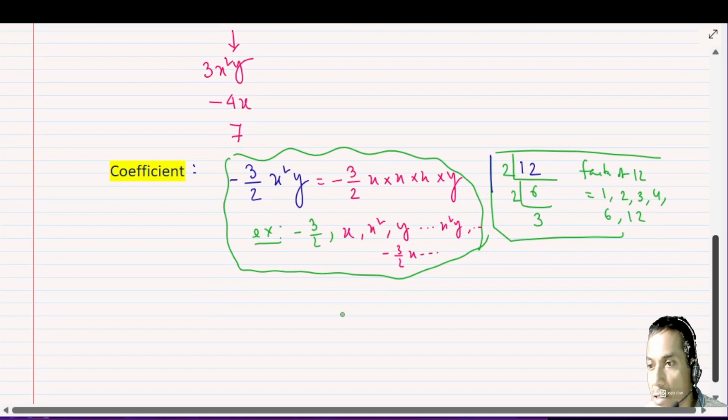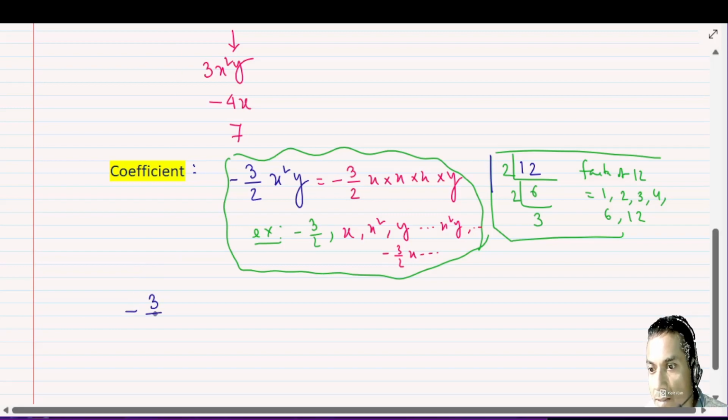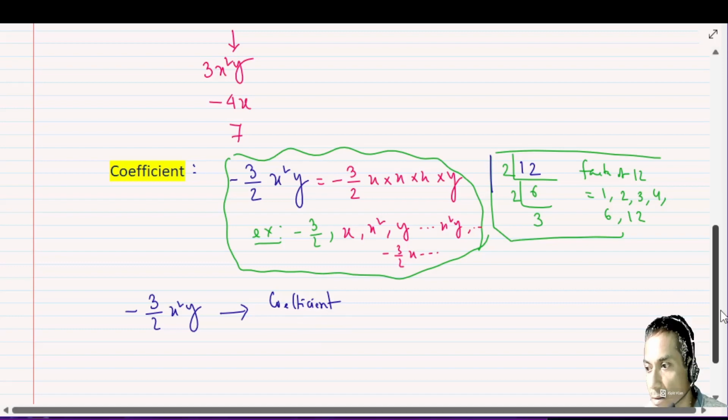Now generally, if a question asks what is the coefficient of this algebraic expression, minus 3 by 2 x square y, coefficient, what is the coefficient? So coefficient is actually what?